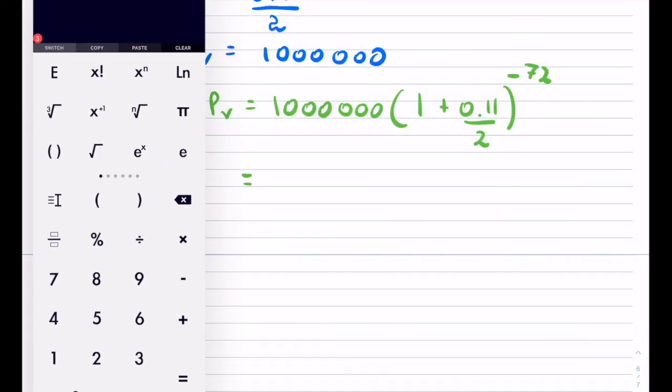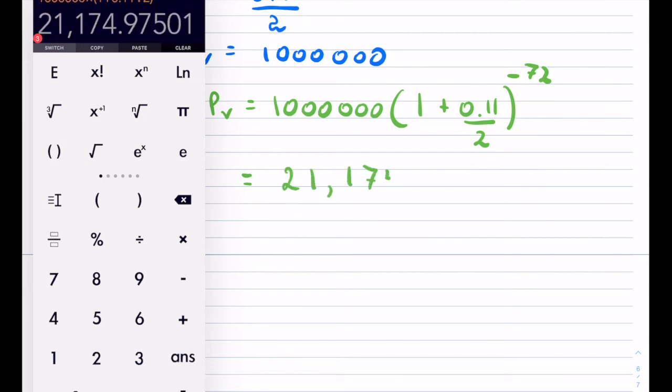So if I do that, multiplied by 1 plus 0.11 divided by 2 to the exponent, and again, it's a negative exponent. So that would be 21,174, and I'll round it to the penny.